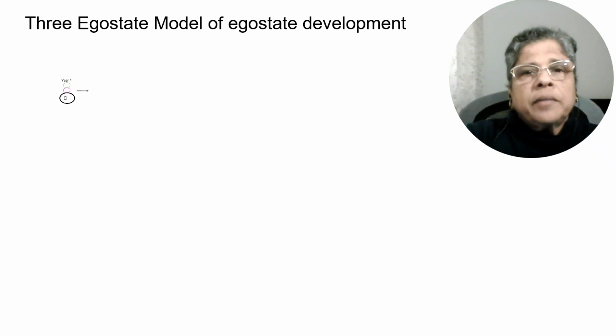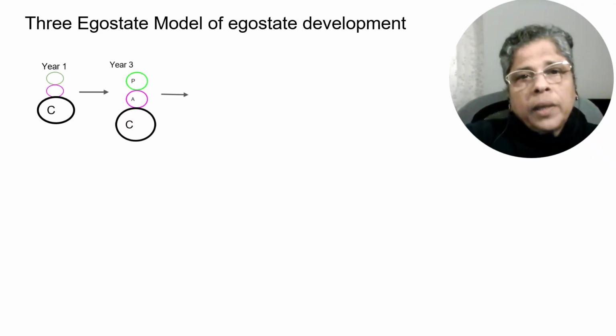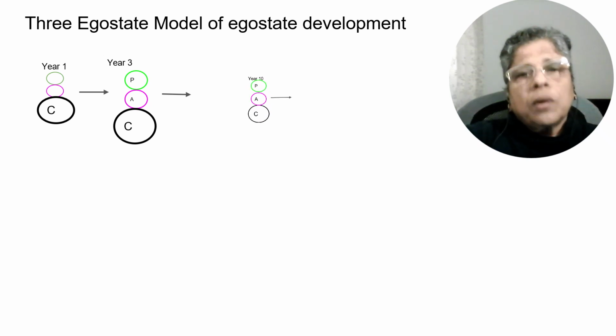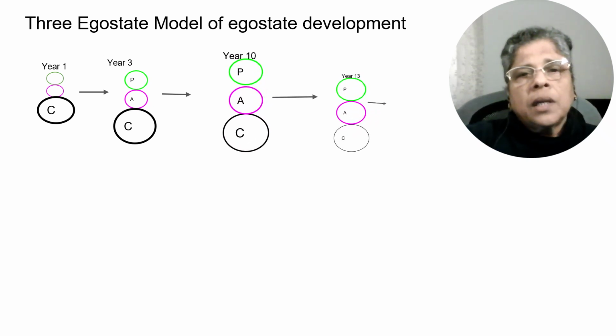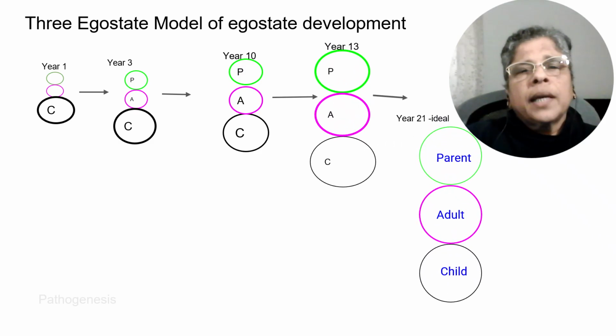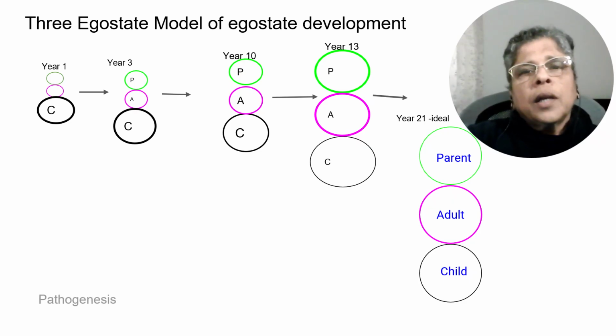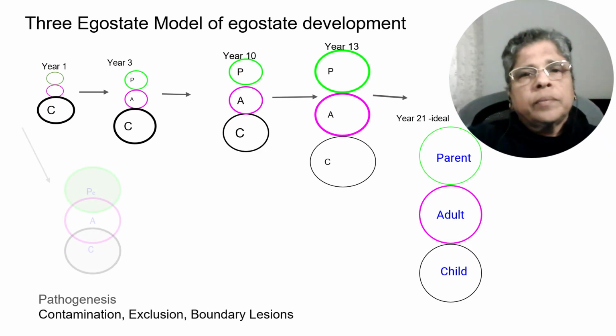This animated video is showing how the three ego states evolve over the years, normally as well as pathologically, what the outcome is. And when the pathological personality undergoes treatment, the aim is to direct it back to the normal situation where it would have grown had the pathology not taken place.